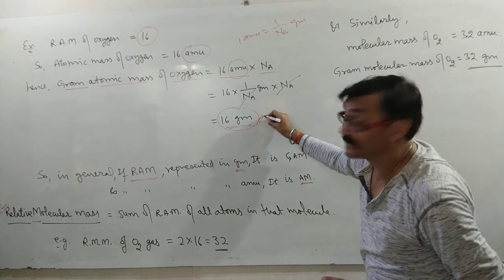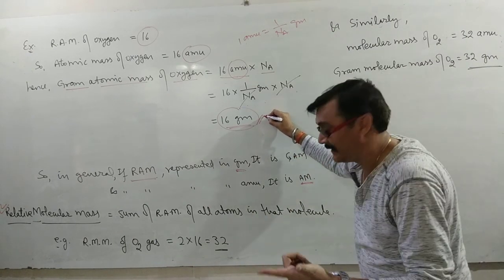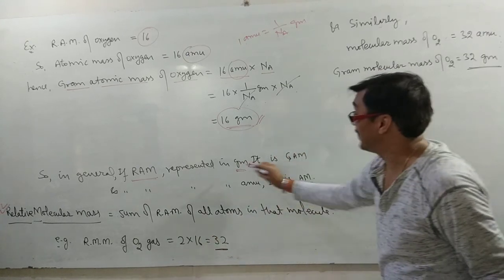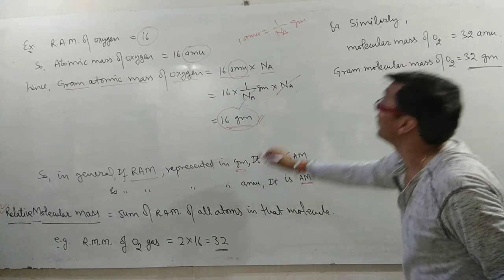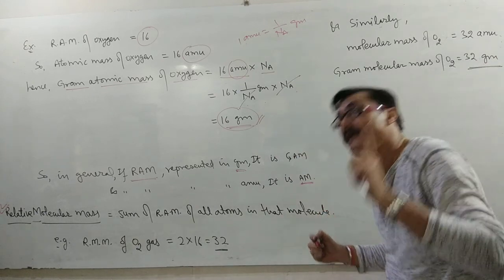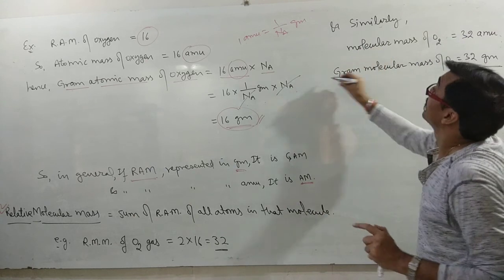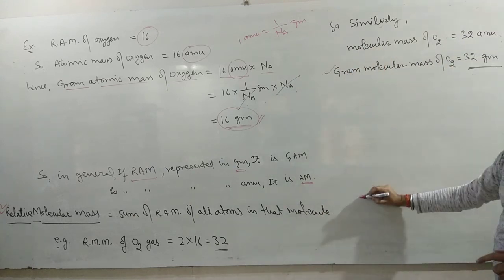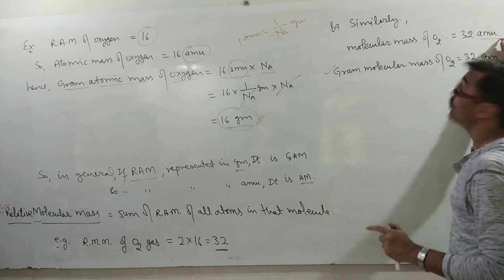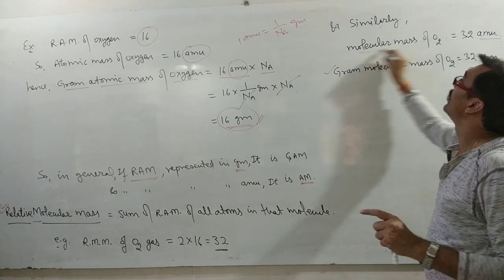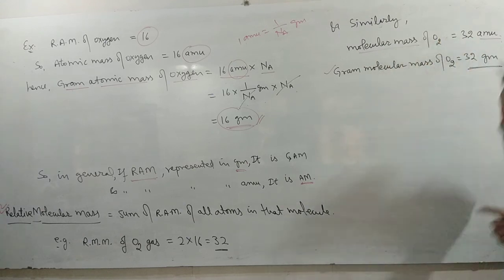From this observation, we can also say that if the relative molecular mass is represented in gram, then it becomes the mass of 1 mole molecules, that is gram molecular mass, 32 gram. And if it is represented in AMU, then it becomes mass of 1 molecule or molecular mass, 32 AMU.